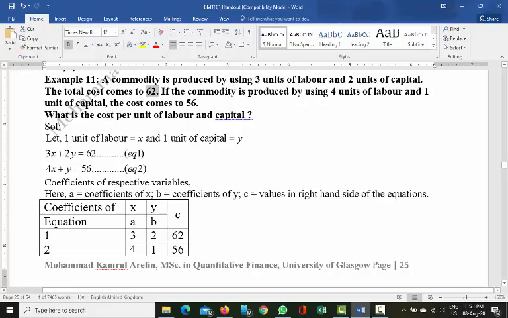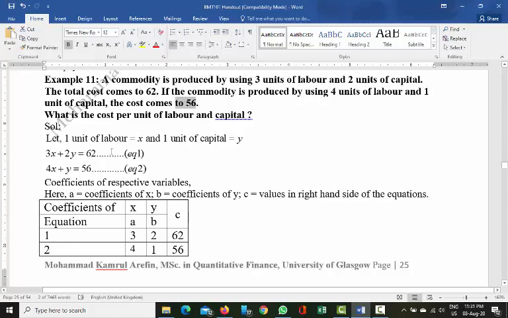Now, if the commodity is produced by using 4 units of labor, 1 unit of labor costs X taka, so 4 units of labor will cost 4x taka, and 1 unit of capital costs Y taka. So total cost is 4x plus y, that is 56.